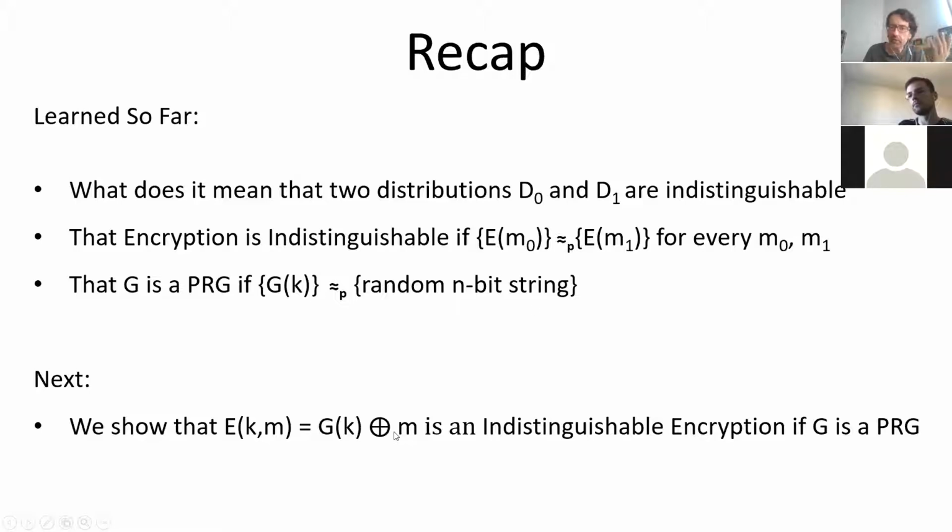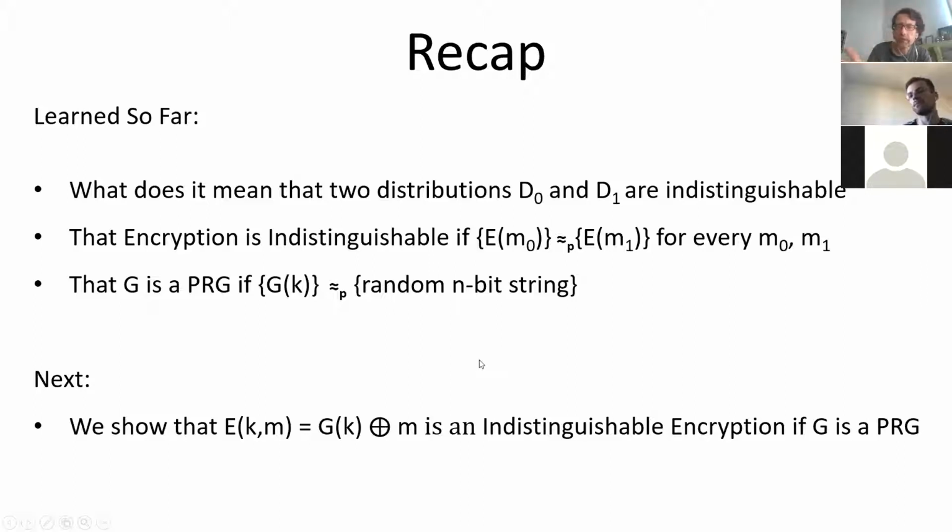So random encryptions of whatever message are indistinguishable from random encryptions of another message. And if you believe that this relaxation of perfect security to this indistinguishable notion is fine, if you are okay with it, then you will be okay with this construction.